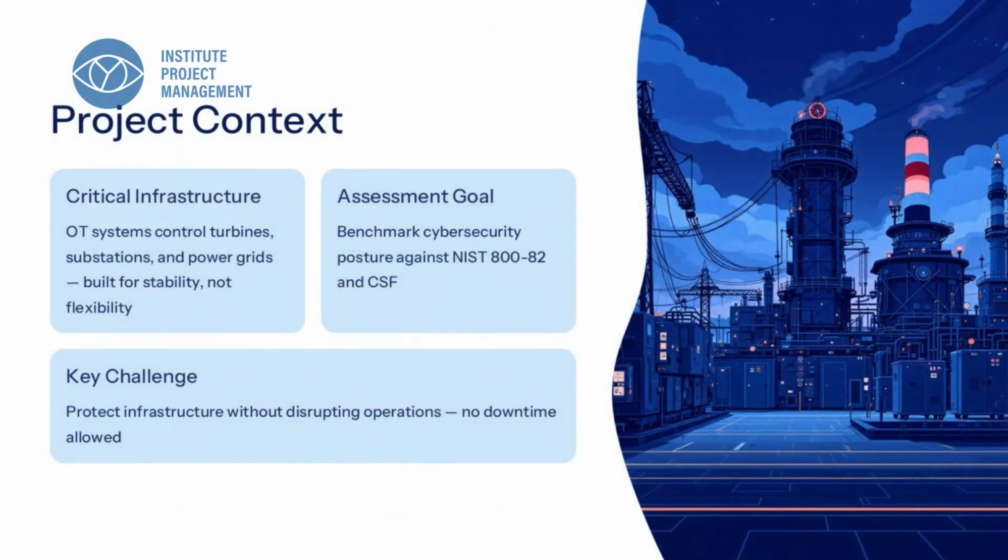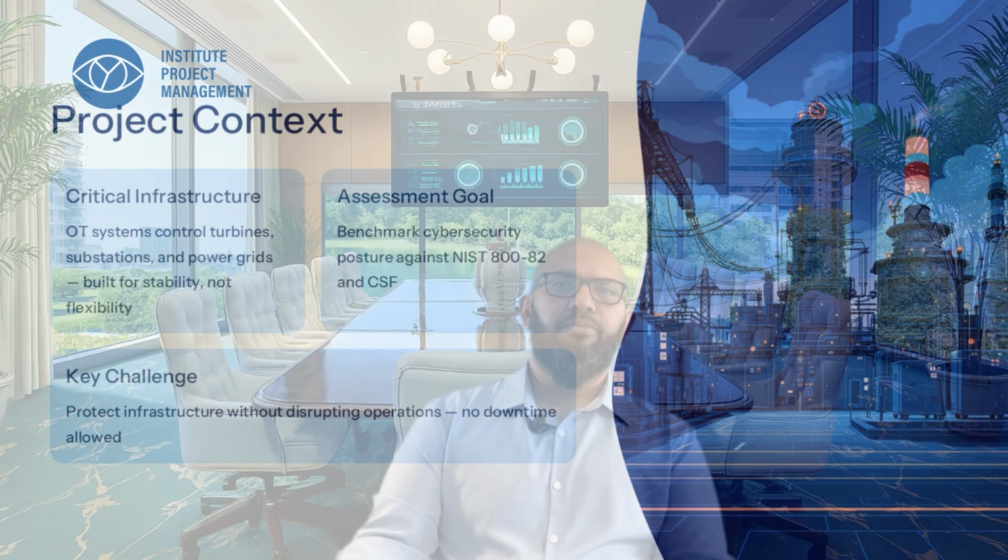So, the context of this project is operational technology, the systems that control turbines, substations, and power grids that are built for stability. You can't just reboot them or patch them like a regular IT server.